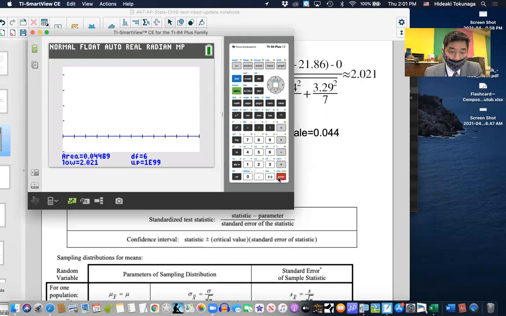I don't know why it doesn't show the density curve. It's supposed to be a tiny, tiny density curve.